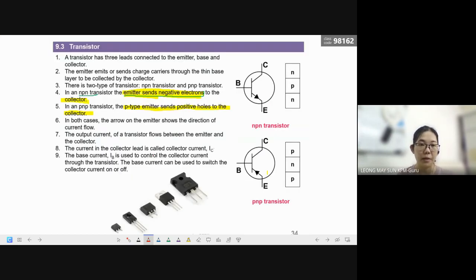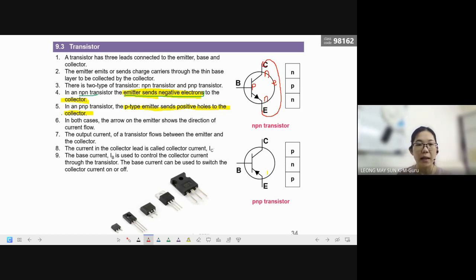Back to here. In an NPN transistor, the emitter sends negative electrons, because the arrow is pointing towards the emitter, so this is an NPN transistor, and the emitter will send free electrons towards the collector.